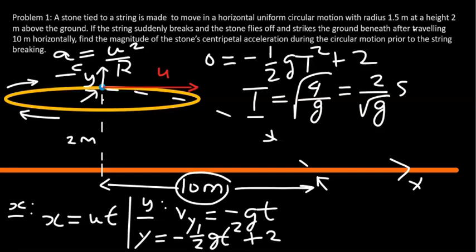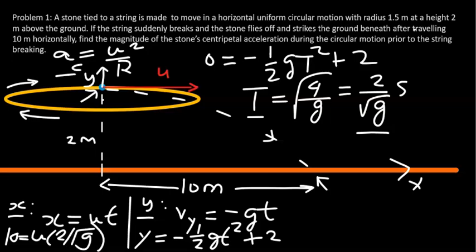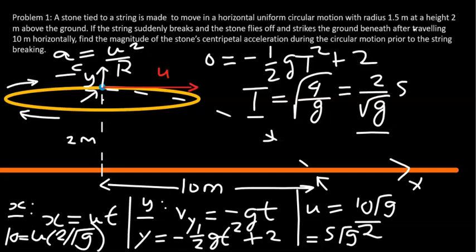So substituting that information in this x equation, we get 10 equals u capital T, and capital T is 2 over square root g. Now from which you can figure out that initial speed. Initial speed is 10 times square root g over 2, or 5 square root g meters per second.